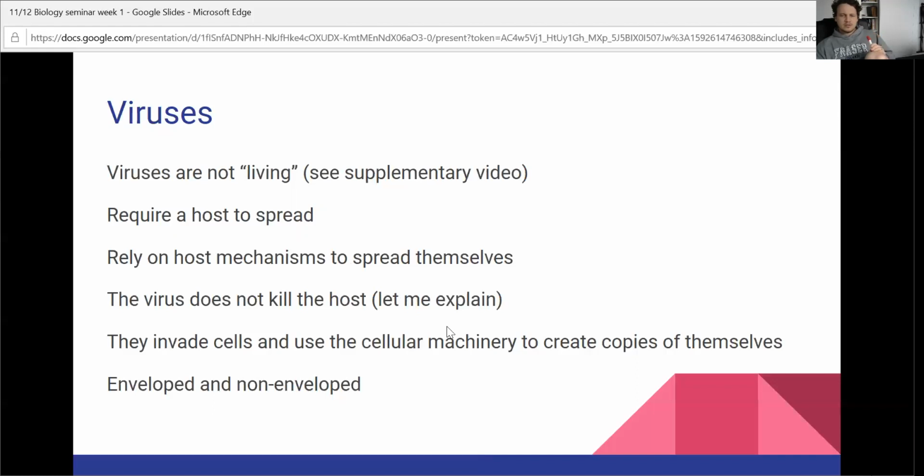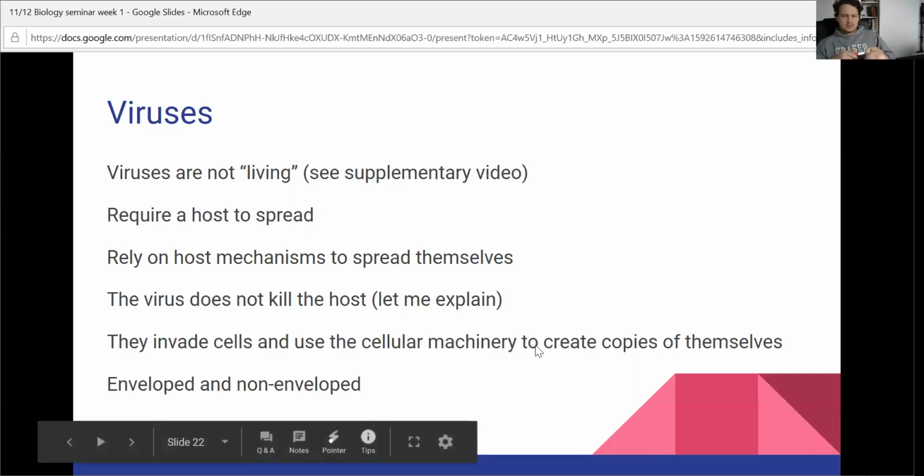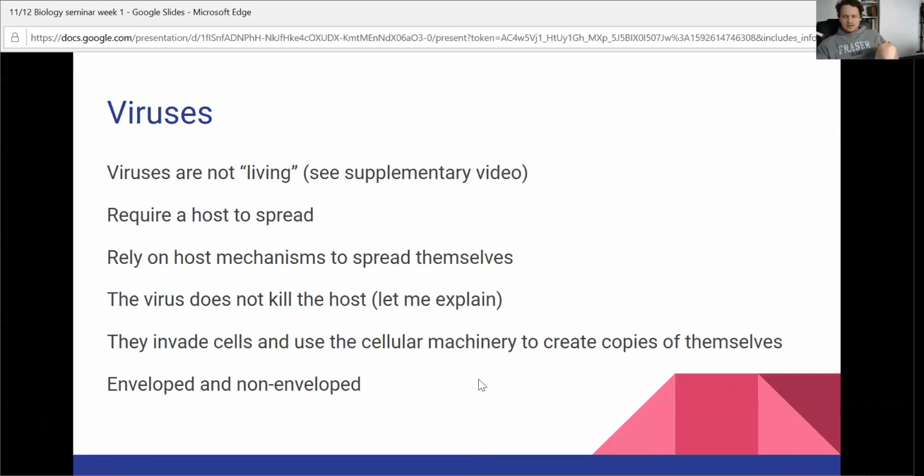So they use the cellular machinery to create copies of themselves. Enveloped viruses, coronavirus is an enveloped virus. It is a process called budding, where it quite literally just steals a piece of the cell membrane and then escapes through the cell's defenses.